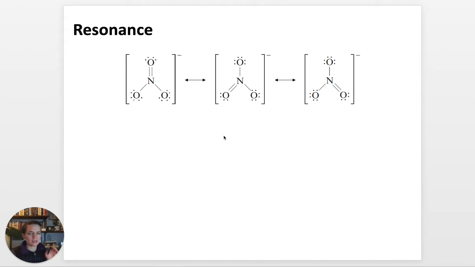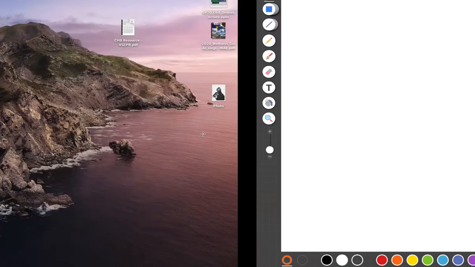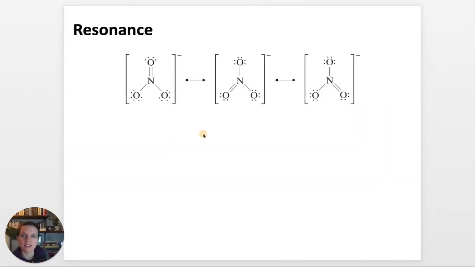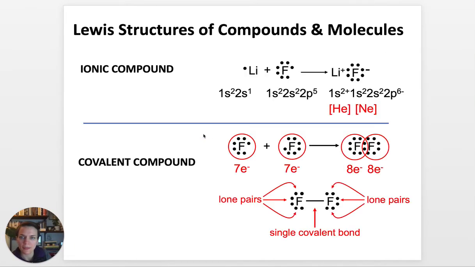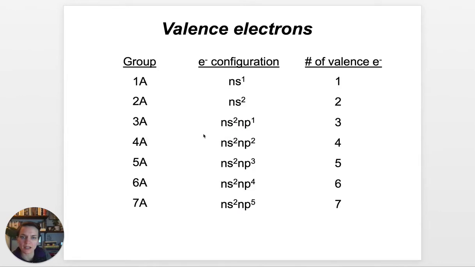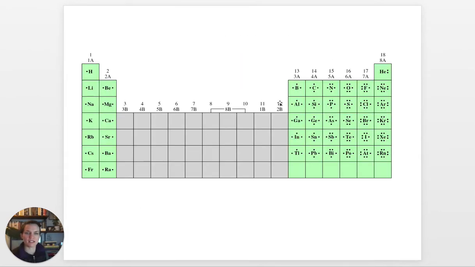little trend that can make drawing Lewis structures a little more predictable and a little more quick. So, let's bring it back to this slide for a second. If we were looking at the Lewis structures that fluorine, chlorine, bromine, and iodine typically form, you're going to see, okay, fluorine, the diatomic, looks like this.